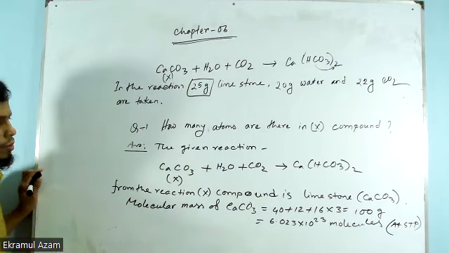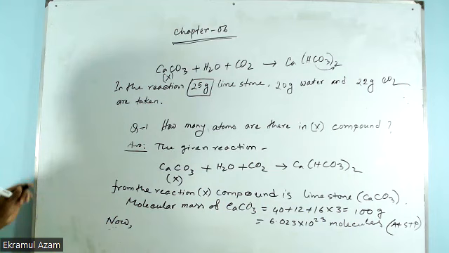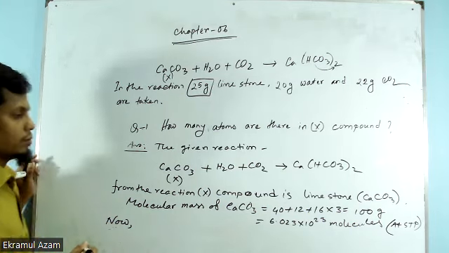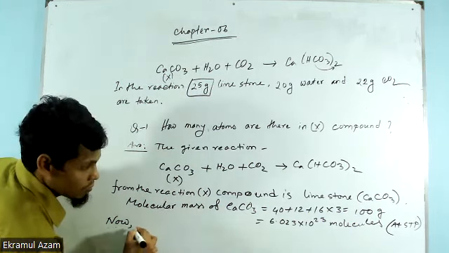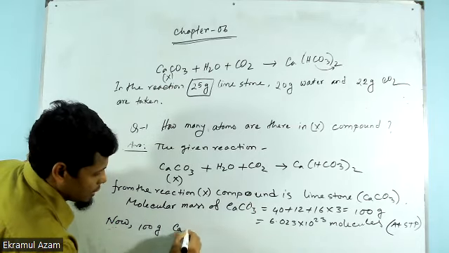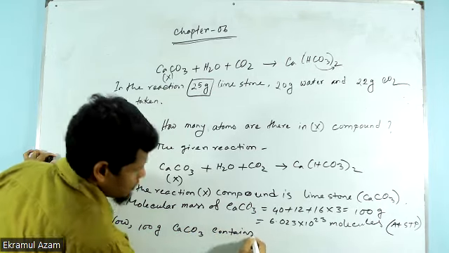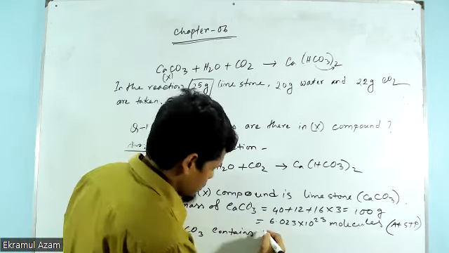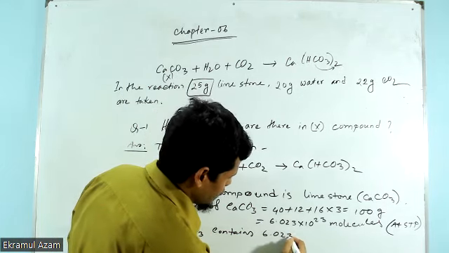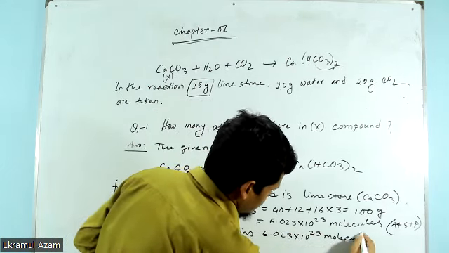Okay, now 100 gram calcium carbonate contains 6.023 into 10 to the power 23 molecules.